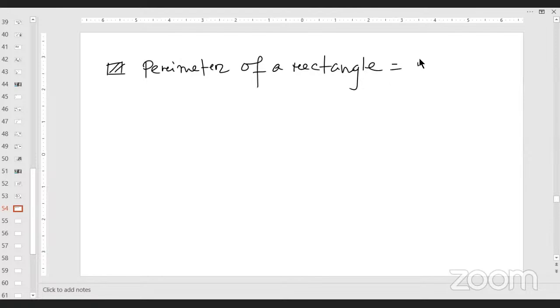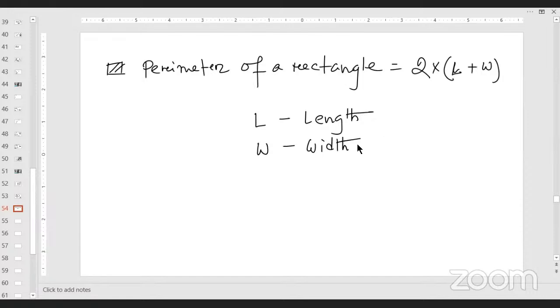So the perimeter of a rectangle will be 2 into length plus width, or length plus breadth, or in short 2 into L plus W, where L is length and W is width. Have we got that?